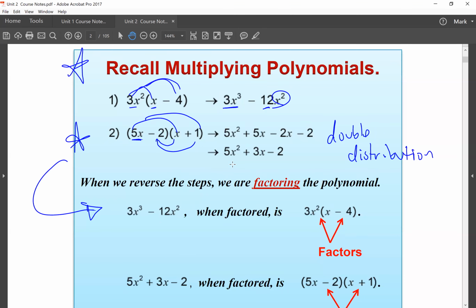I didn't mean to go fast through this information up here. I'm just saying factoring is going backwards. So factoring is taking something like 3x cubed minus 12x squared and turning it into factors.